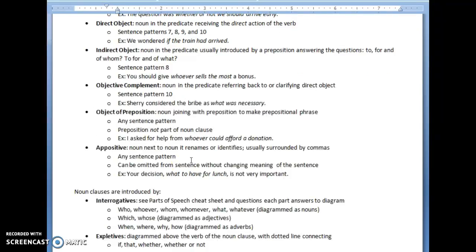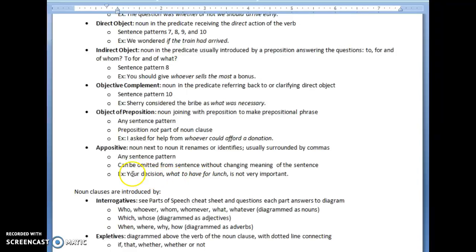The last one is a new term for you, and it sounds kind of technical and complicated, but it's really not a big deal. An appositive is a noun that's right next to something that it renames or identifies. So it's clarifying something, and it usually is set off from the sentence by commas on either side of it. Again, this can be in any sentence pattern, and if you have commas on either side, you can usually take it out and it won't change the meaning of the sentence.